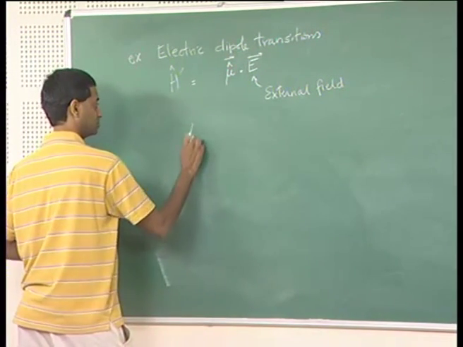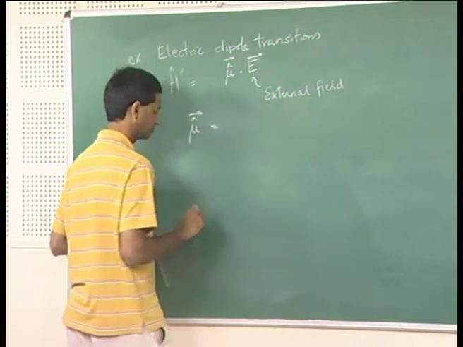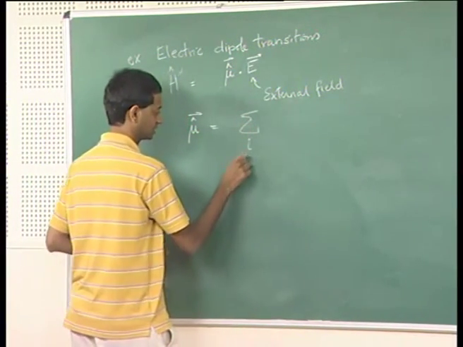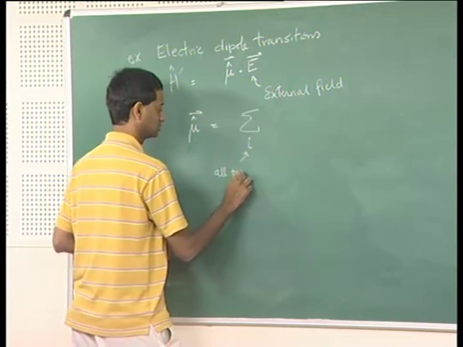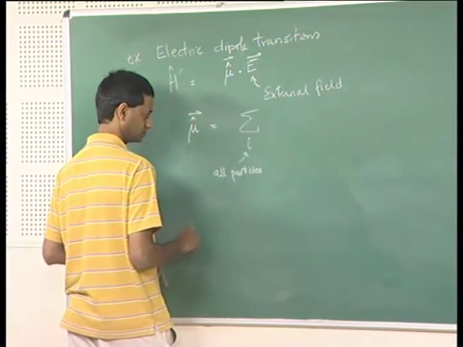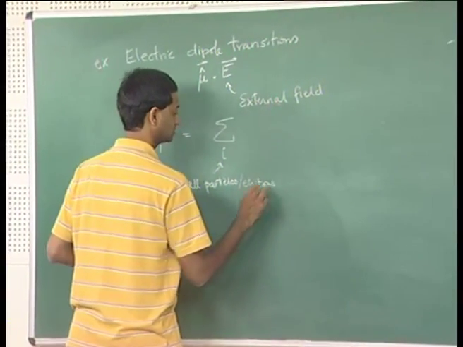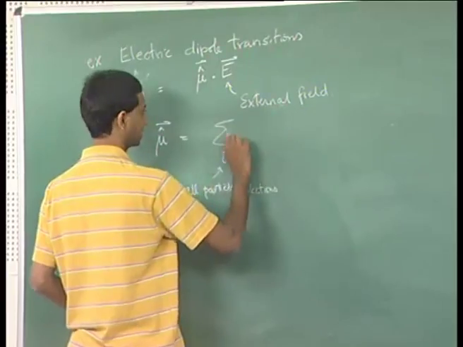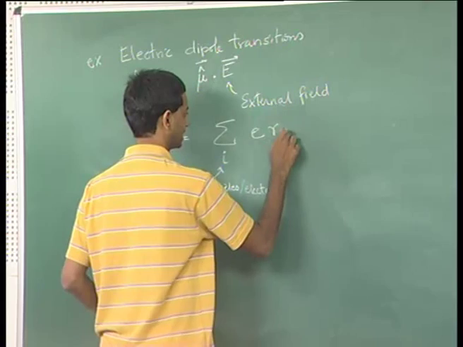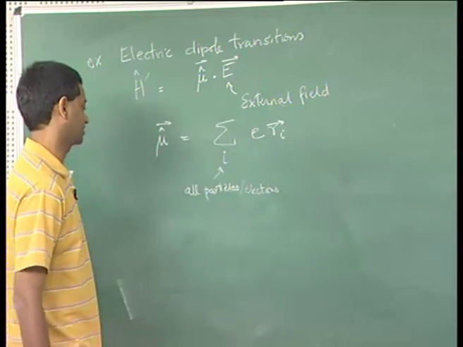Okay. And mu, this operator can be written as a sum over all particles. In this case we will be looking at electrons, and what you can write it as is e, the charge on the electron, times Ri, the position of the particular electron.